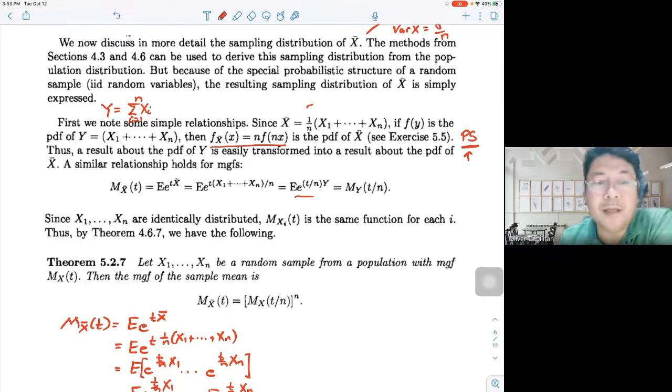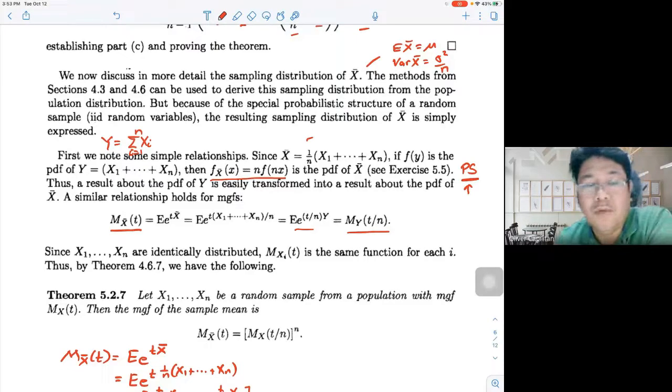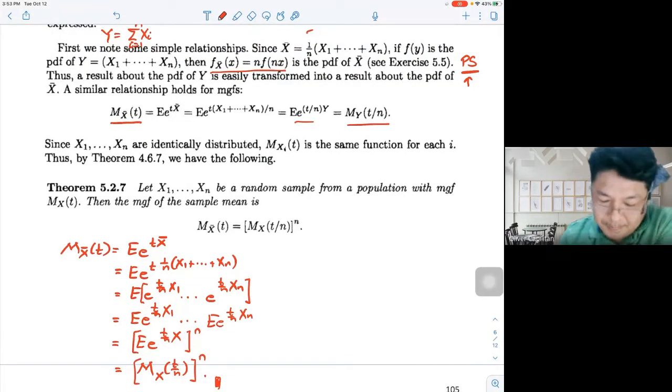The moment generating function of the sample mean evaluated at t will just be equal to the moment generating function of Y evaluated at t over n. Madali lang masyado, ito yung explanation dyan.